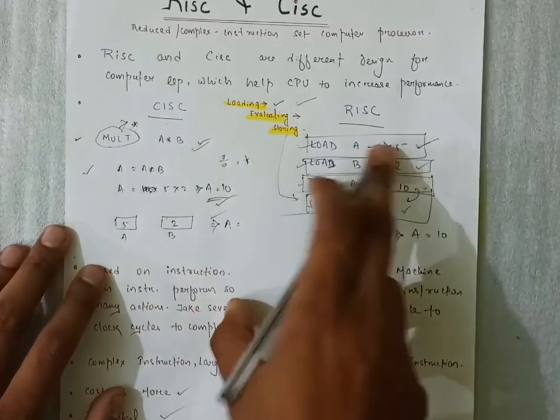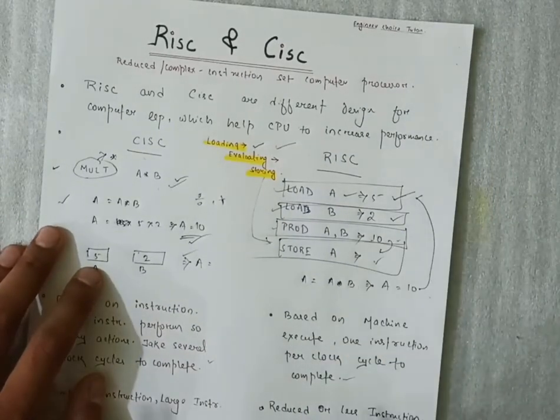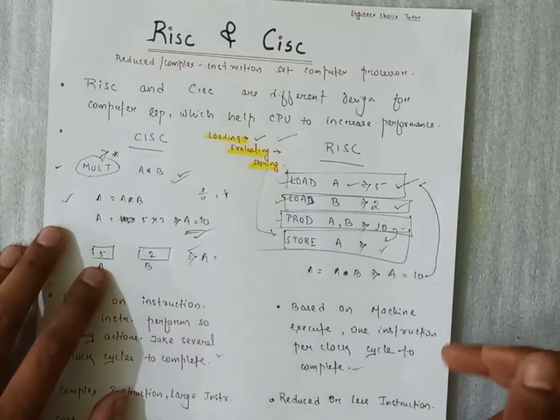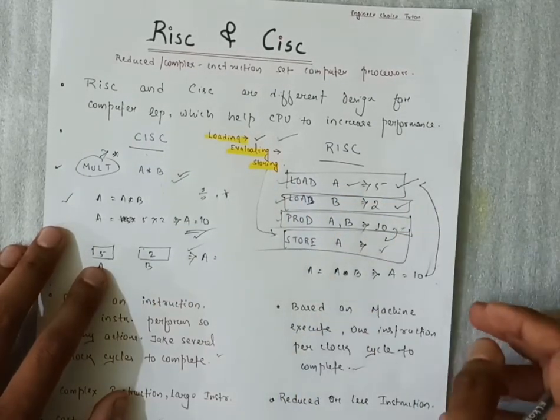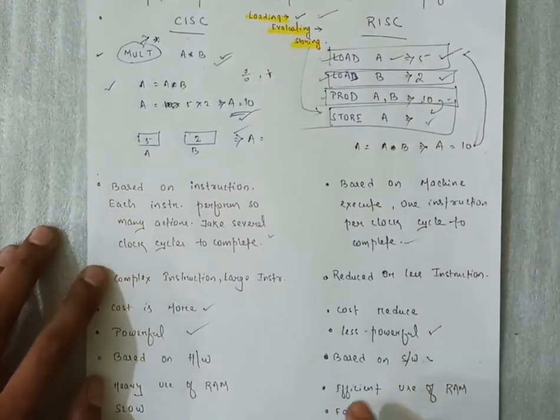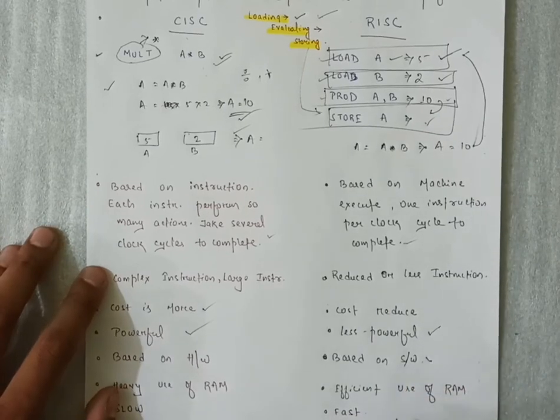First, A will be loaded with 5. And lastly, what we have seen? A loaded with 10. So we can see this is the efficient use of RAM or memory. As it is based on RAM and has less complexity, it is faster than CISC.